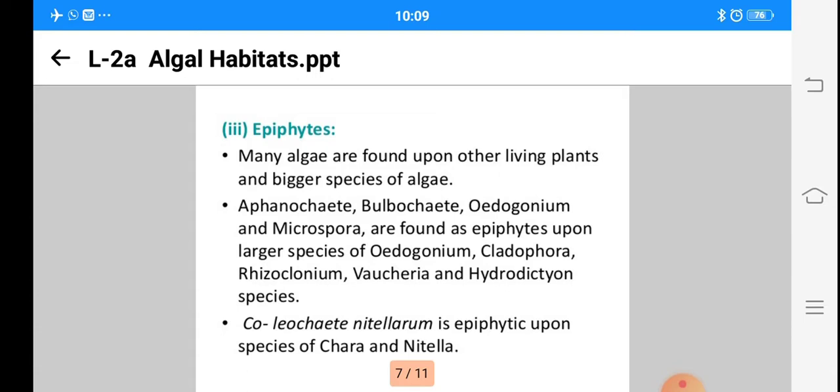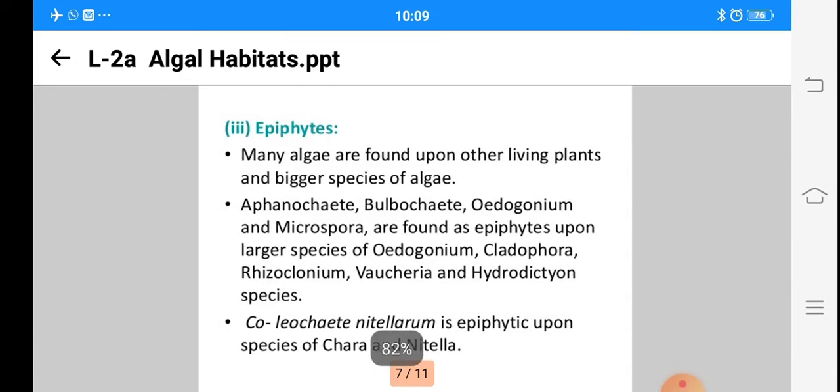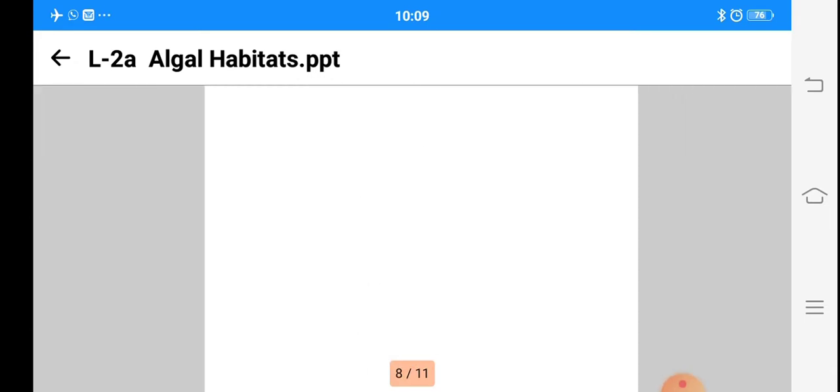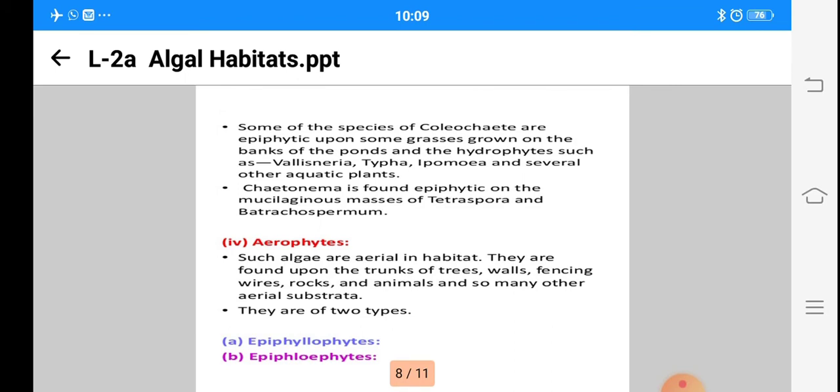So algal thalli on these larger algae are reported. Some species like Coleochaete show epiphytic growth on other hydrophytes like Vallisneria, Typha. Typha in Marathi is called Pancanis. Then Ipomoea, right. Then other aquatic plants. Then Chaetonema, which is epiphytic.